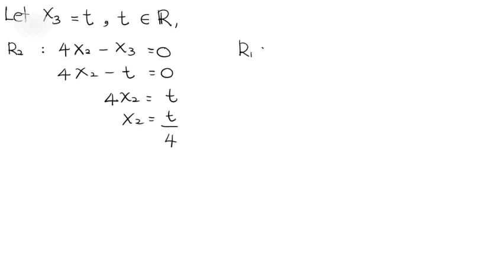Next, row 1, you have x1 minus 2 x2 plus x3 equals to 0.